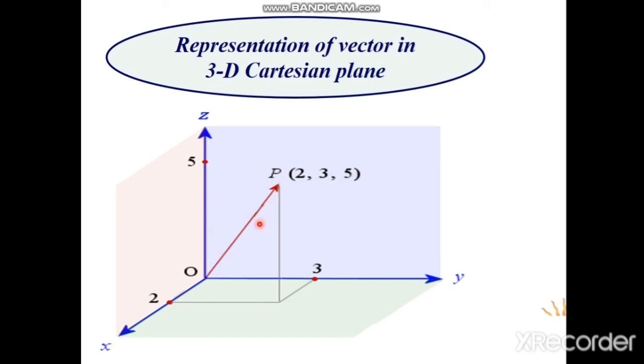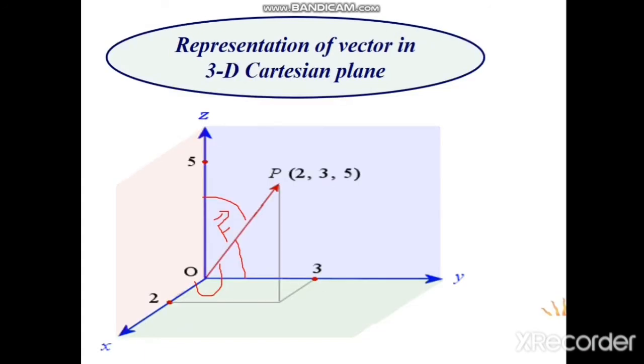So the vector has 3 components, that is x, y and z. Suppose this is the vector F, that is the force vector. The angle the force vector makes with the y-axis is beta, the angle with the z-axis is gamma, and the angle with the x-axis is alpha. Here there are three coordinates, that is 2, 3 and 5 for x, y and z.